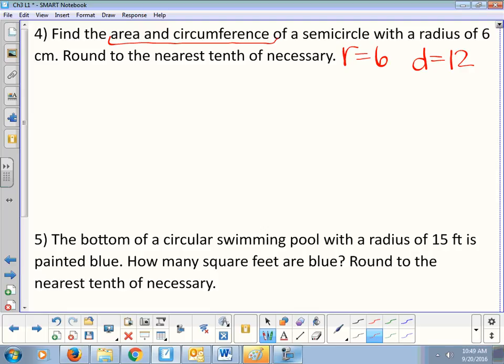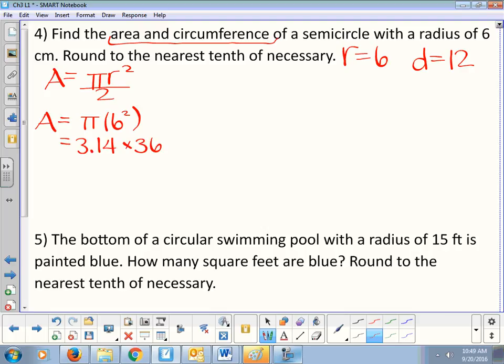I'll start with area. If we have a semicircle, we're going to do our usual area, pi r squared, but then we want to divide by 2. So if I find my area, I have pi, our radius is 6, so we're going to plug that in for r, and we need to square that. What would be 6 squared? 36. So we have 3.14 times 36.